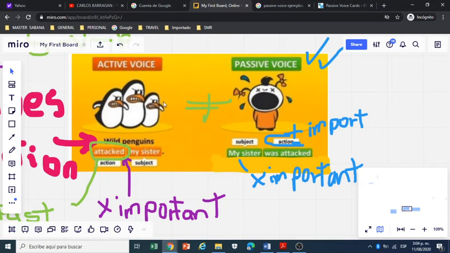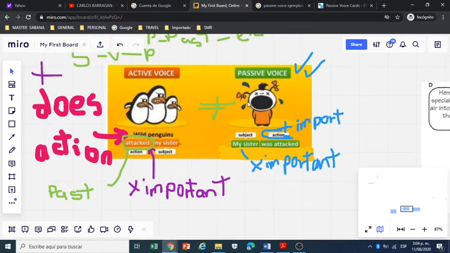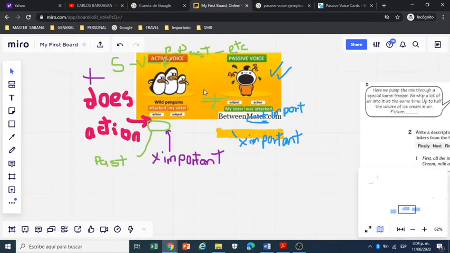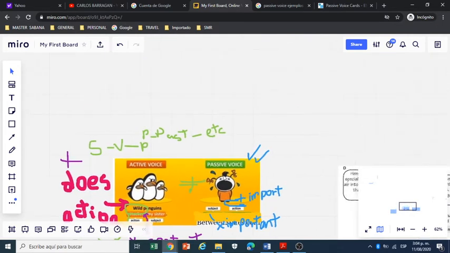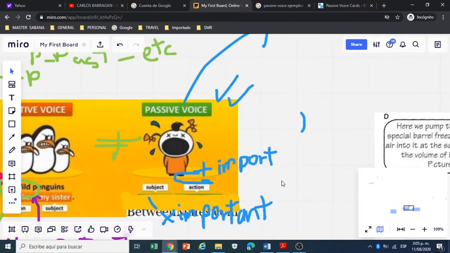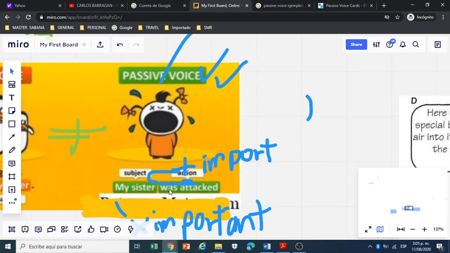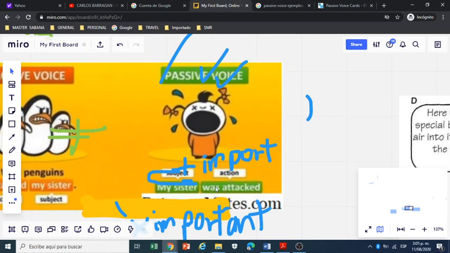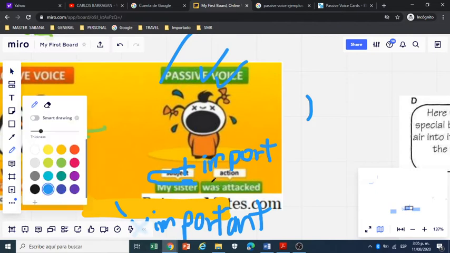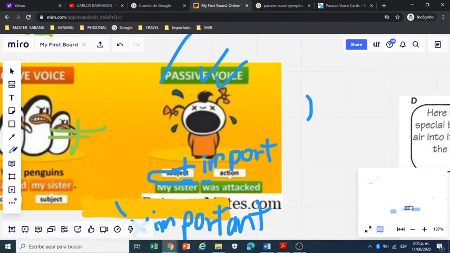Okay? Now, the structure of passive voice. This is the structure of active voice. Okay? Active voice and the passive voice. We have here the subject. Okay? We have, as we see in our example, this section, with another color to distinguish.